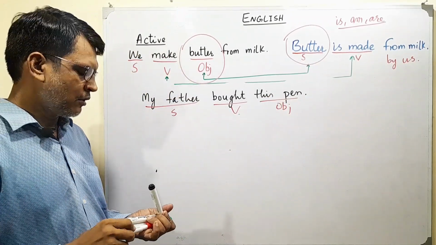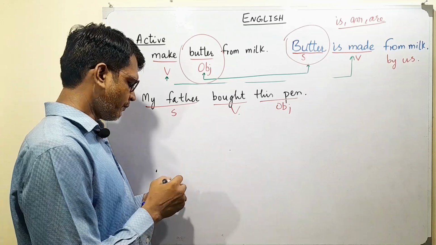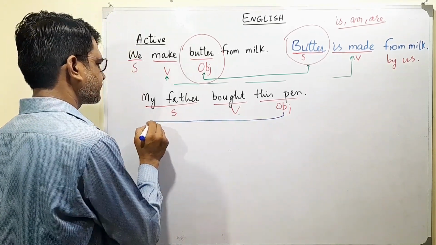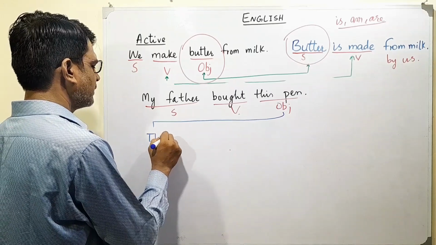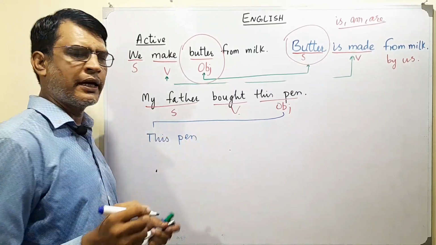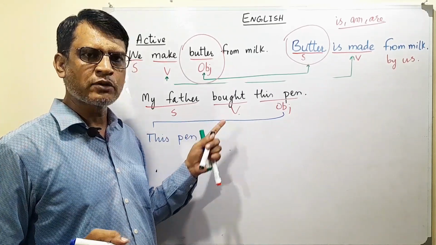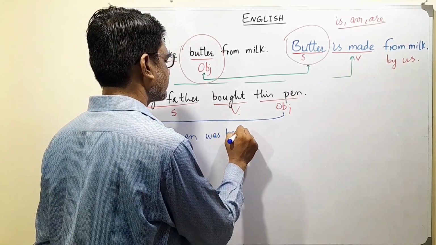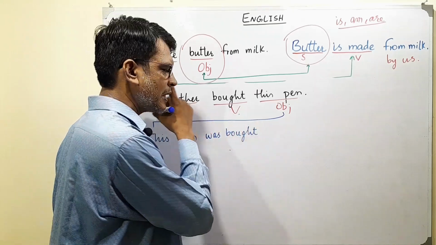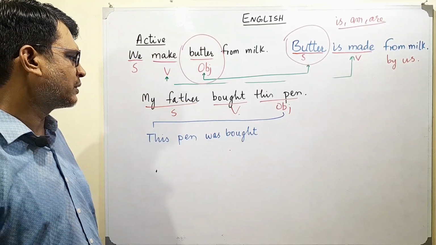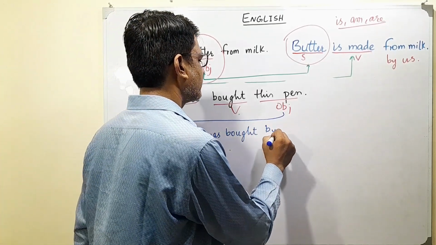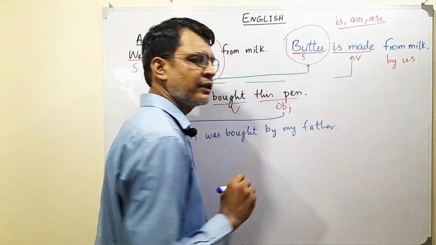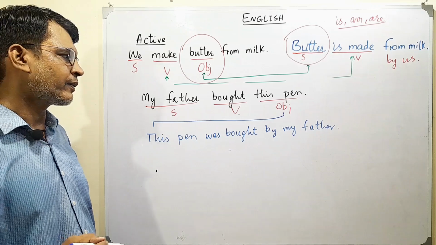So now what do we do? We take the object here. So we say this pen, and because it is past tense, we'll use was bought. This pen was bought by my father. This pen was bought by my father.